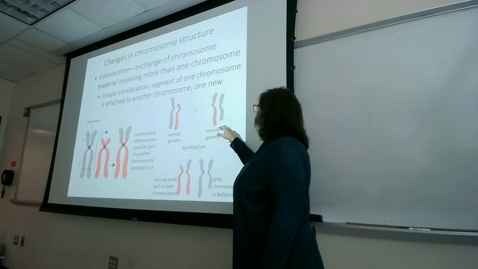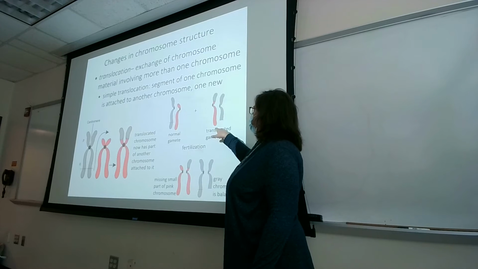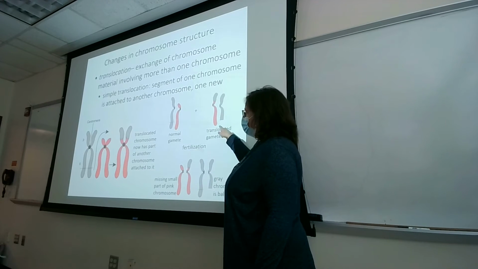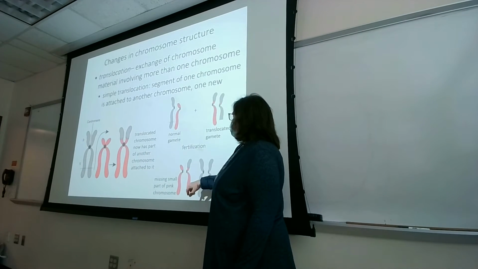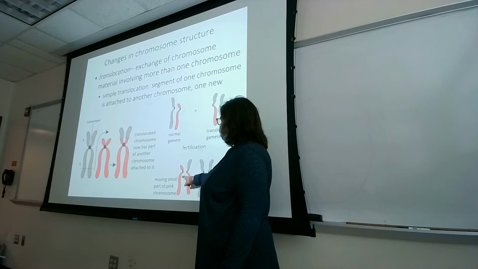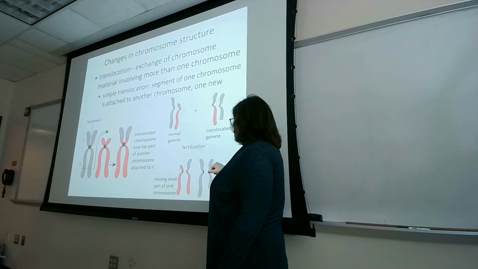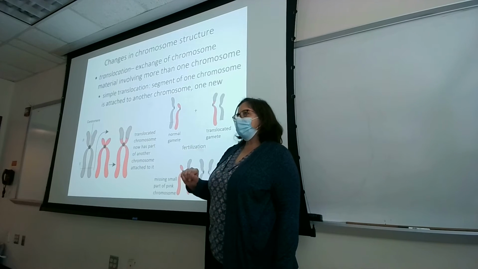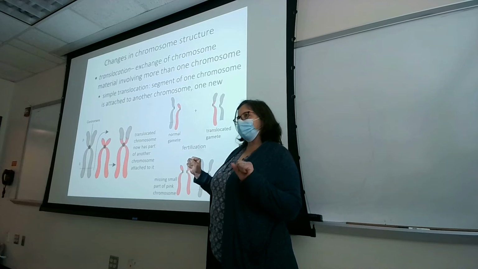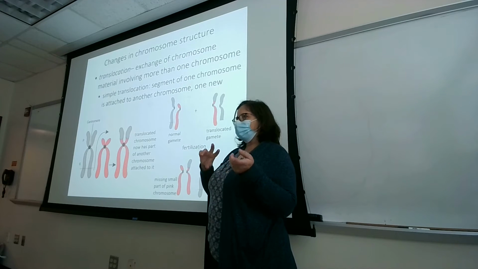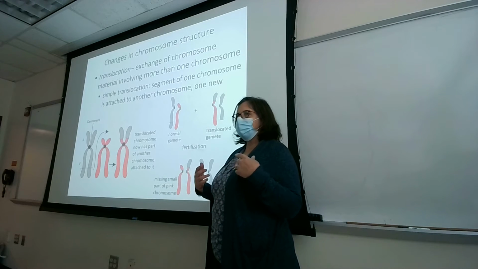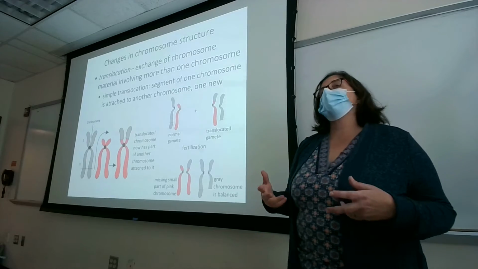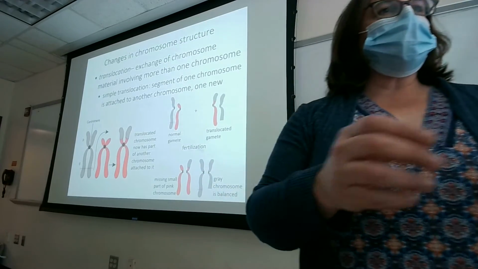You may wind up with the translocated one and then the broken one, which would be one of these and one of these. Or you may wind up with the translocated one and a full pink one. Or you may wind up with a broken gray one and a full gray one. So you wind up with these different combinations of either missing or additional chromosomal material, depending on what translocation you have and what you actually get from your gametes.